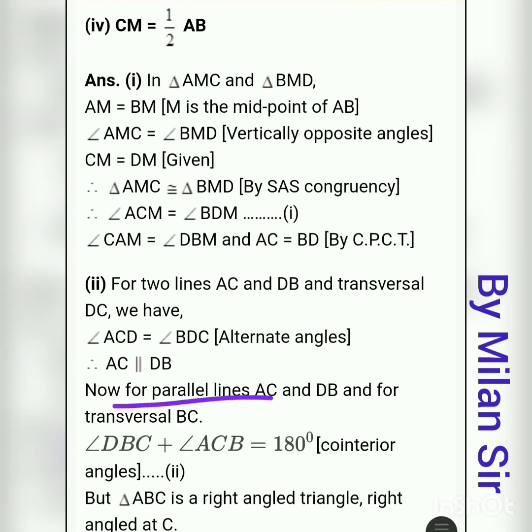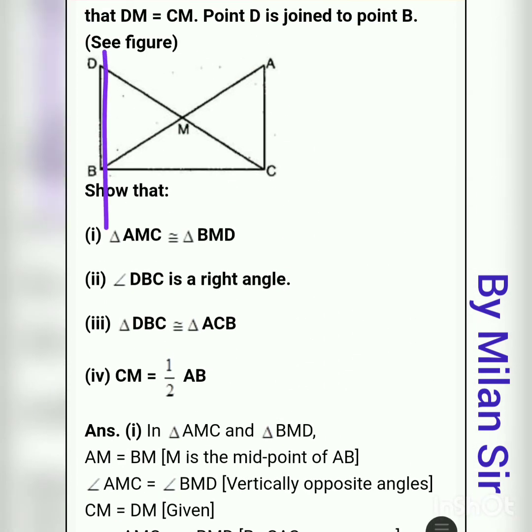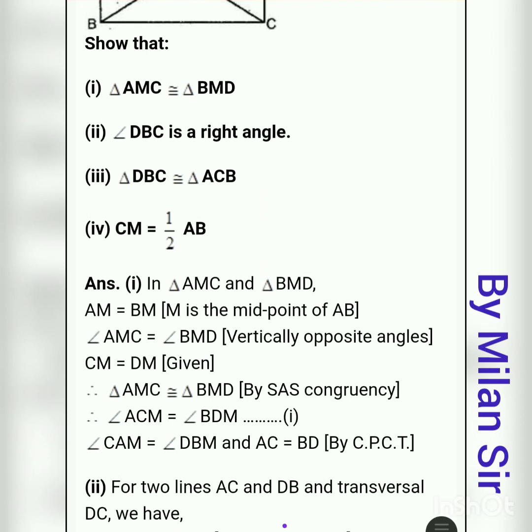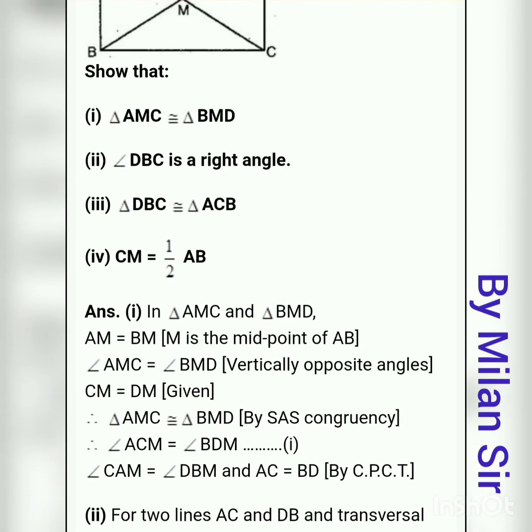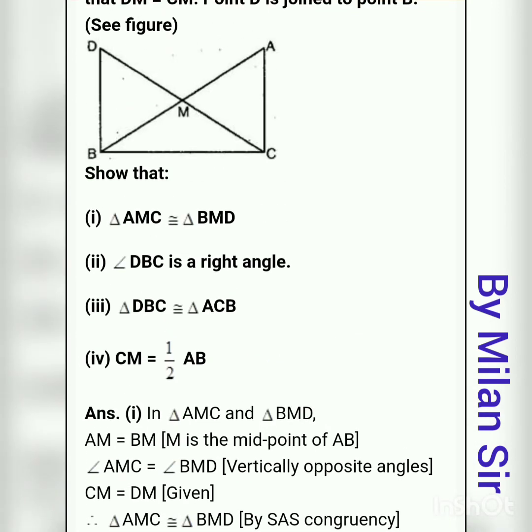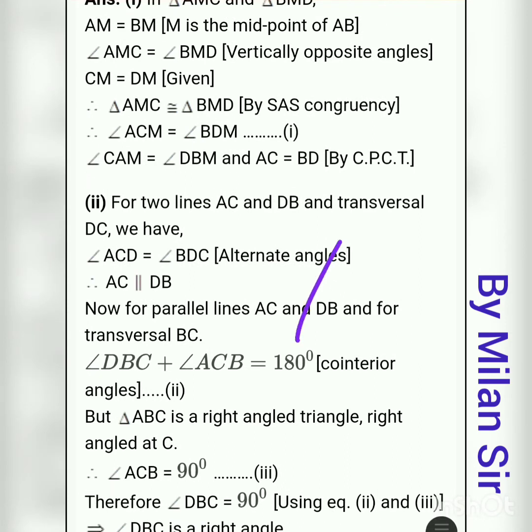Now for parallel lines AC and DB and transversal BC, consider these two parallel lines and transversal BC. So the addition of these two angles is equal to 180 degrees. That means angle DBC plus angle ACB is equal to 180 degrees. DBC means this and ACB means this. But it is already given that triangle ABC is a right angle triangle with the right angle at C. That means angle C is 90 degrees, right?